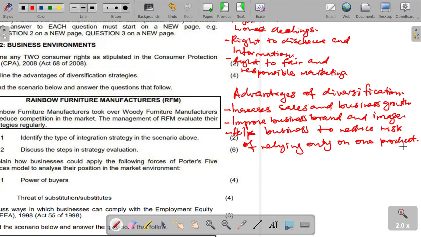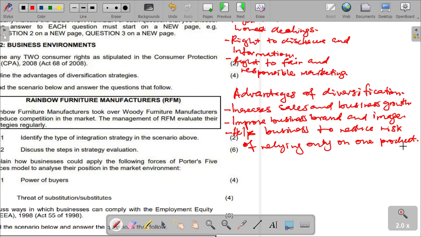What we are saying is that businesses, instead of focusing on only one product, can have new products that appeal differently to new customers. So in that regard, the business cannot suffer problems such as loss of sales or loss of income when the product that they are relying on fails. So it helps to reduce the risk of relying on one product.